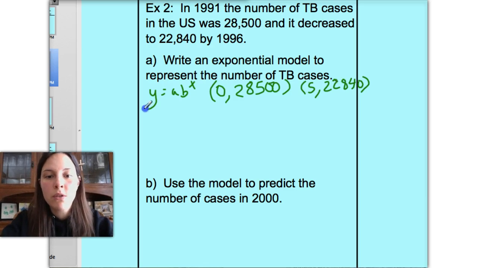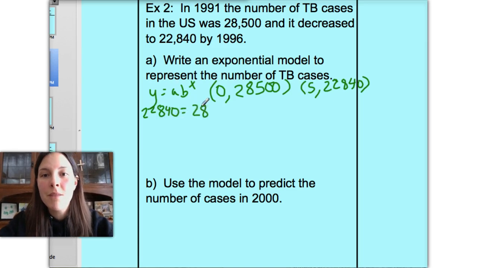So I'm going to substitute 22,840 in for y. My initial amount is 28,500. I don't know my rate of growth or decay, but I do know the 22,840 occurred 5 years after the 28,500 amount.